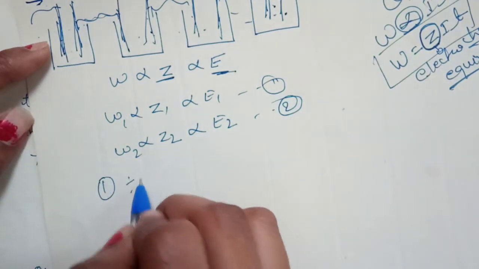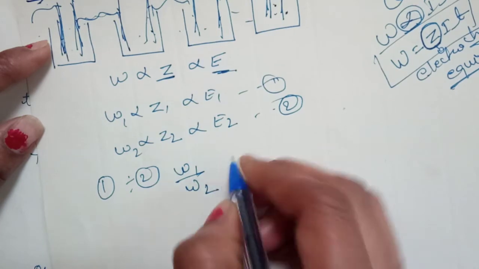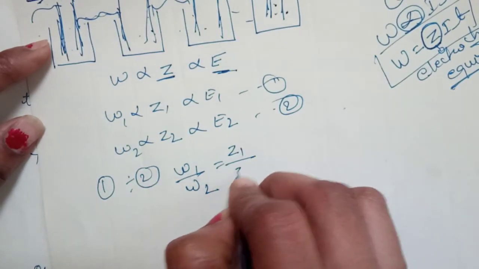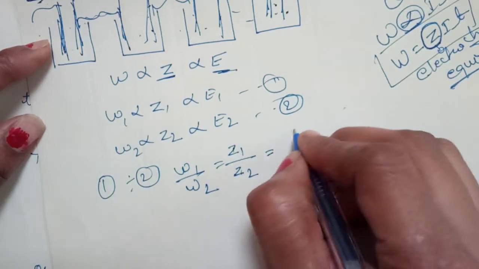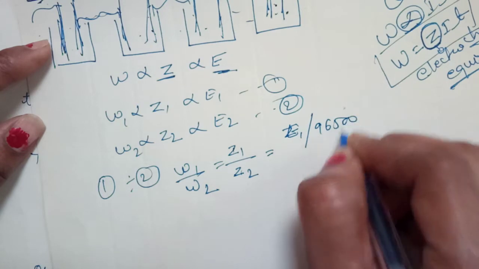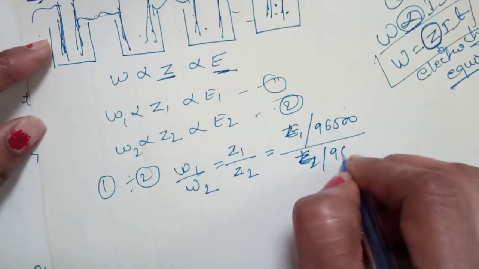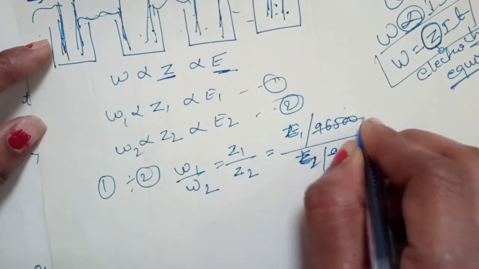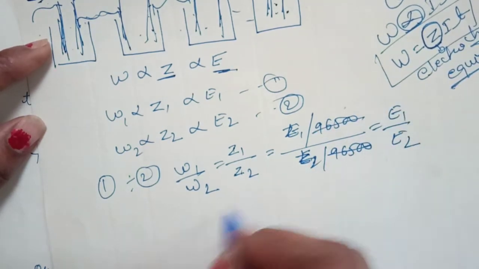When we divide equation 1 by equation 2, then W1 upon W2 is equal to Z1 upon Z2. Z1 is equal to E1 upon 96500, and Z2 is equal to E2 upon 96500. The 96500 is cancelled out, and we get the relation between E1 and E2.